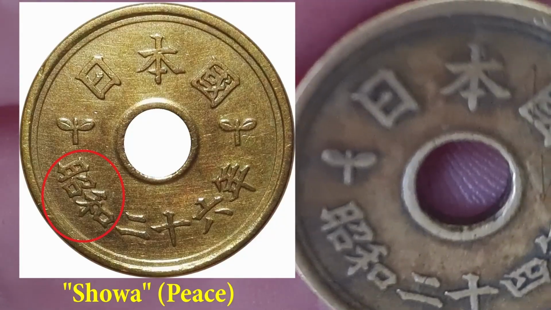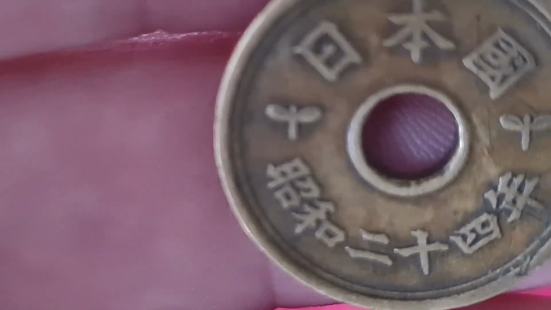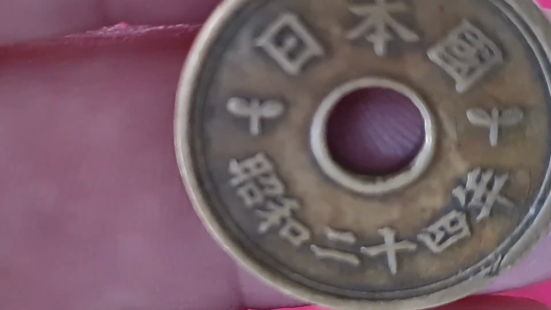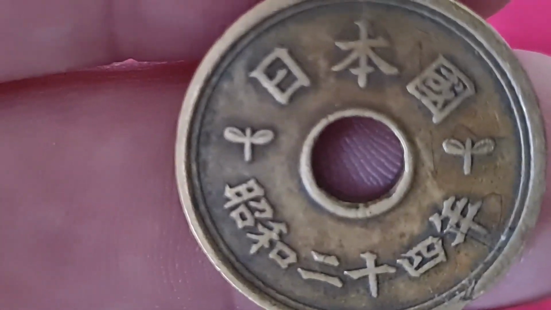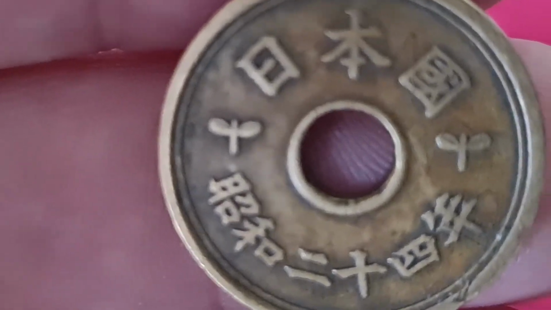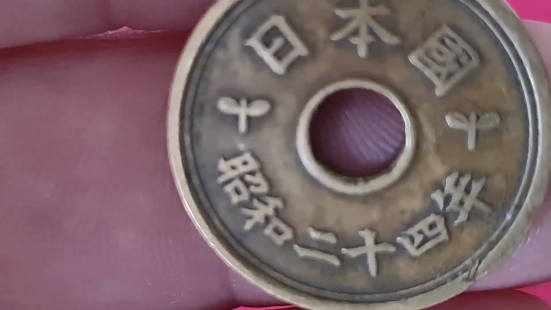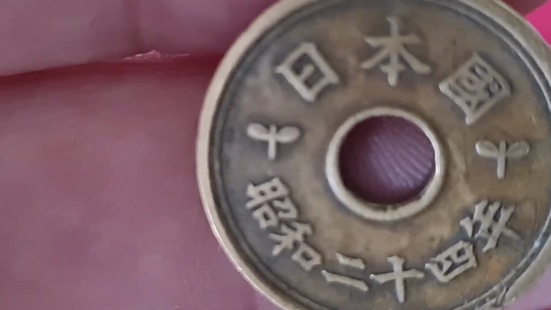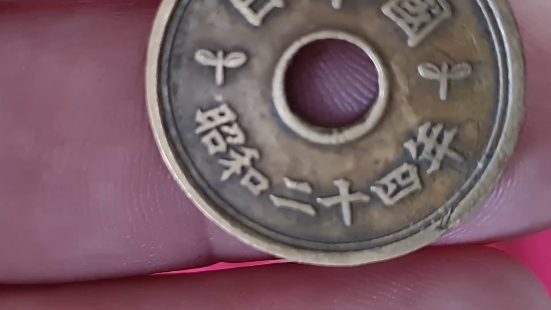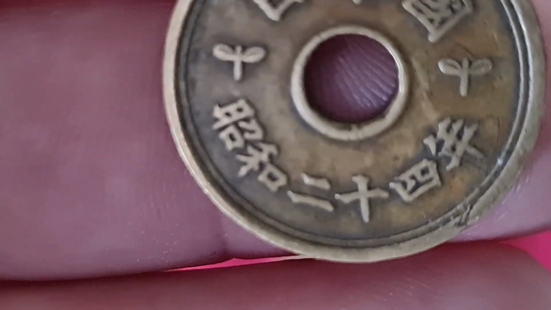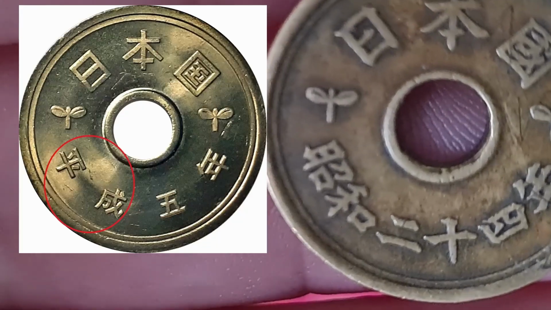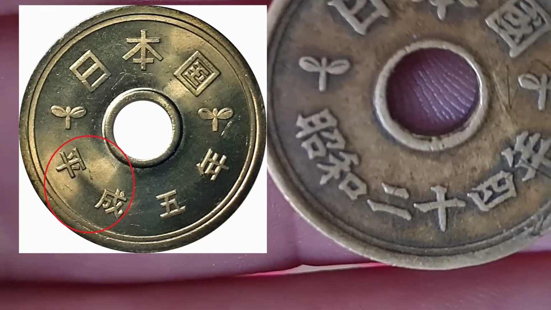This can be found on coins issued during the reign of Emperor Hirohito from 1926 until his death in January 1989, at which point the new emperor, Akihito, who was Hirohito's son, had his period added to coins, and that was called Heisei. So the characters themselves change, but the numerics restart from the very beginning.